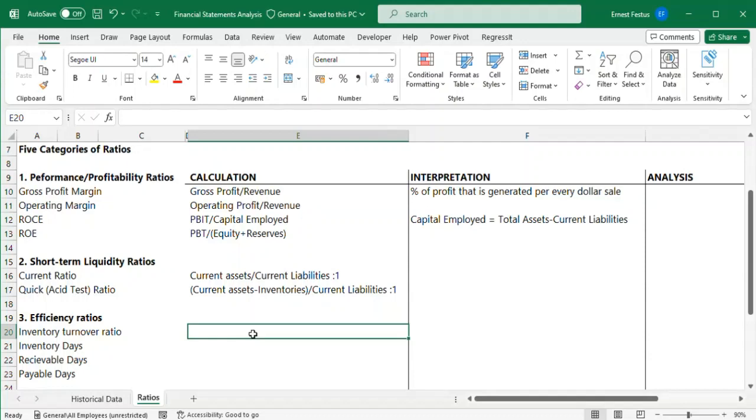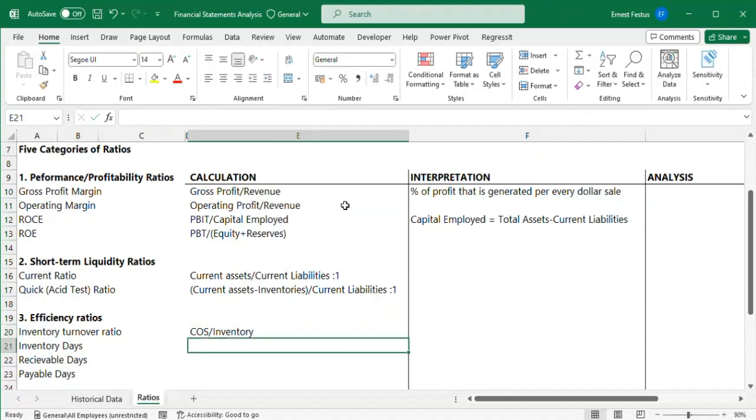So it is calculated as cost of sales divided by our inventory. So that is the inventory days.